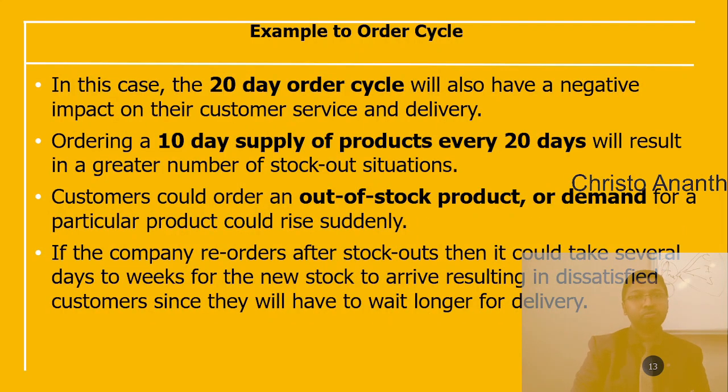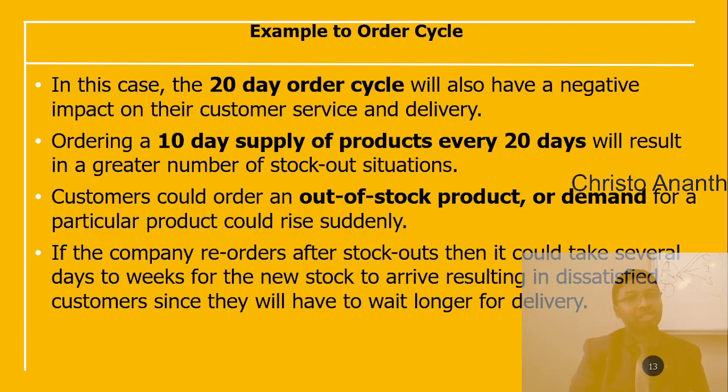In this case, the 20-day order cycle will also have a negative impact on customer service and delivery. If you order a 10-day supply of products every 20 days, you will have numerous stock out problems.